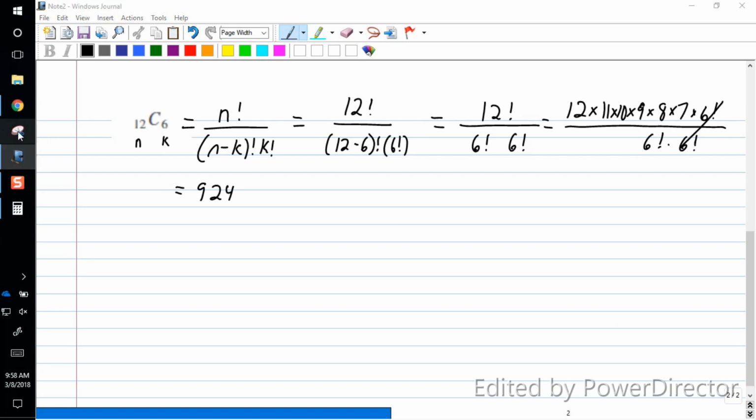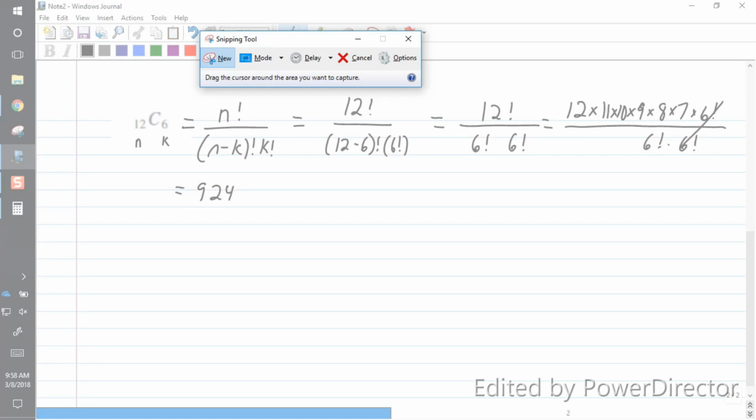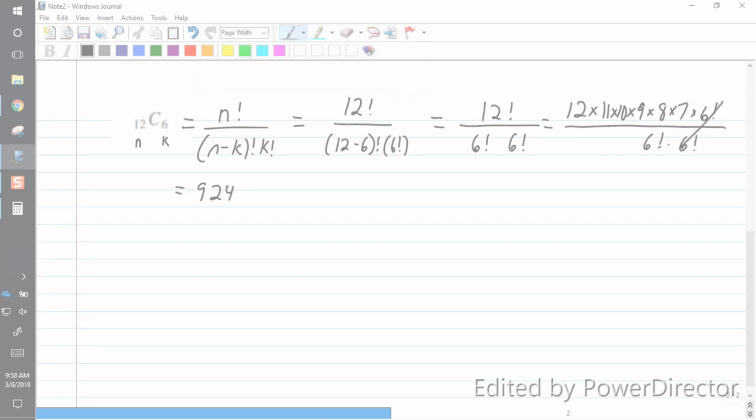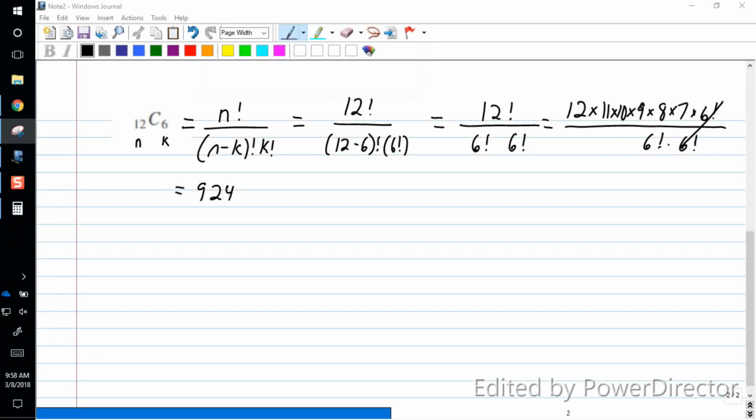All right, let's look at this word problem and see if we can figure out what it's asking.